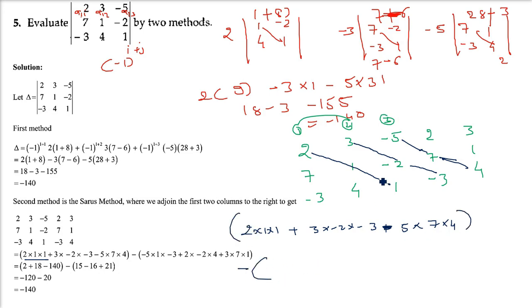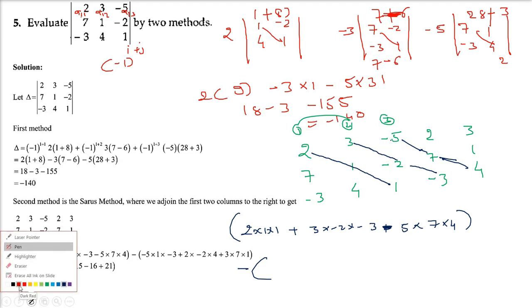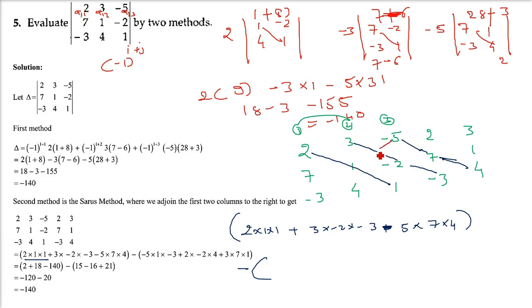Then subtract the products in the opposite direction. That is, see what we have to do: this is minus 5 into 1 into minus 3, plus 2 into minus 2 into 4. I'm just making it negative because my negative 2 is there. So 2 into 2 into 4, and then 3 into 7 into 1.